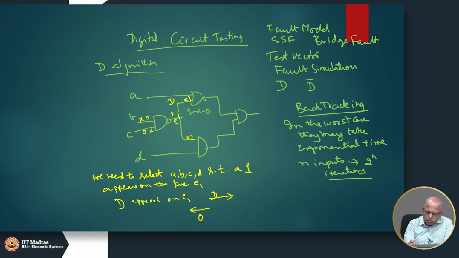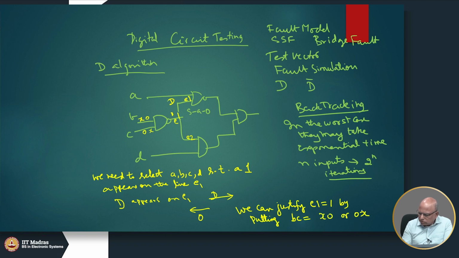So we can justify E1 equal to 1 by putting BC equal to either x0 or 0x.